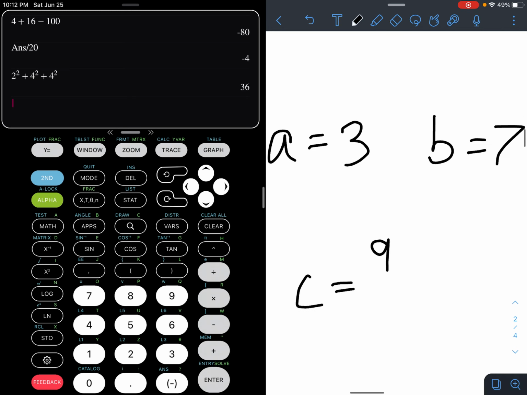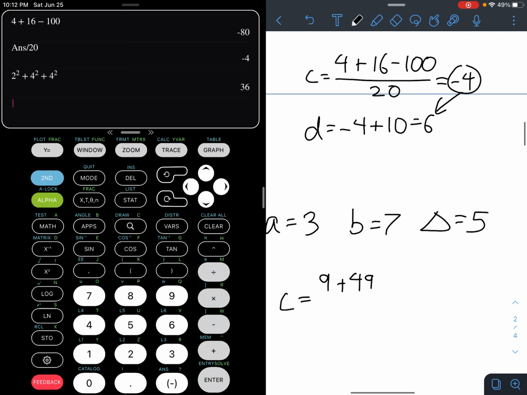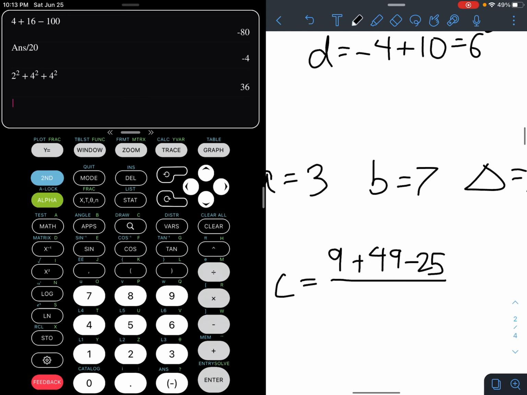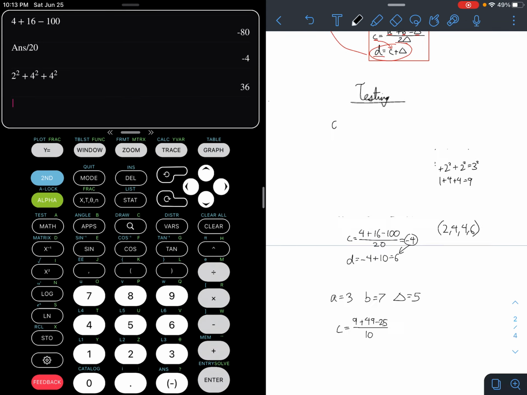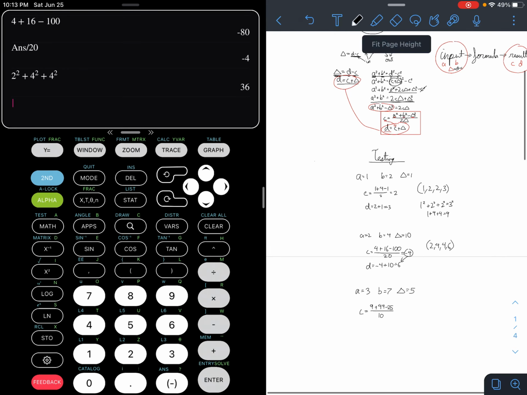So c is a squared, 9, plus b squared, 49, minus delta squared, 25, over 2 delta, which is 10. I'm just going to remind you what the formula is if you didn't follow me: a squared plus b squared minus delta squared over 2 delta.